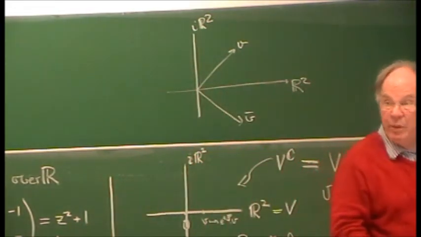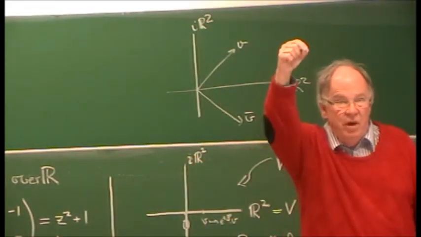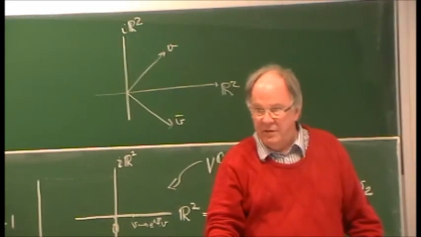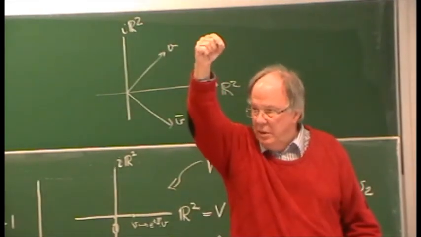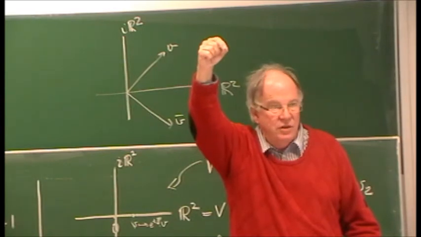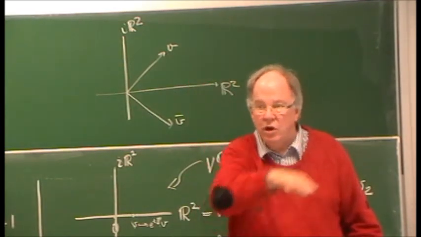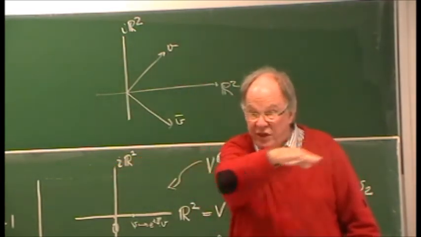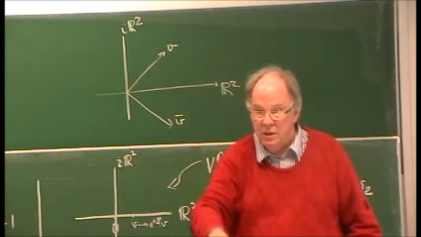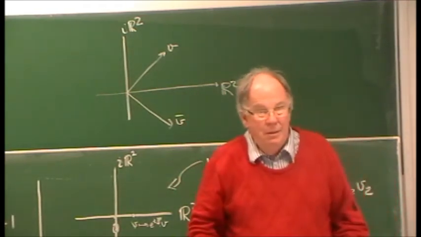By the way, that's the exact picture, right? V bar takes the positive stuff and the negative stuff. So complex conjugation is reflection across the real axis. You see it? All right.